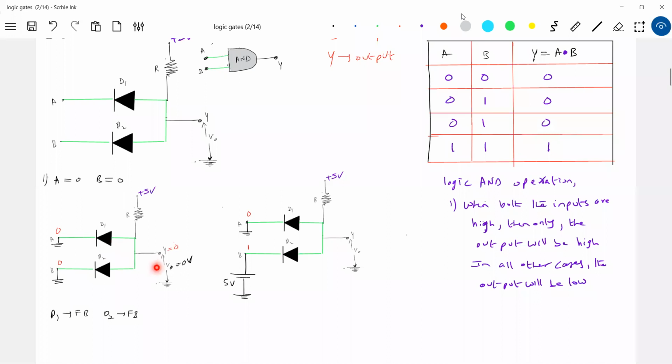Even 0.7 volt, we are going to take as logic 0 only, because I just made it 0.8. Some books even go up to 1.2. Okay, fine, no problem. Any value from 0 volt to 0.8 is said to be logic 0 only. So sir, how much will come? 0.8 will come here. Still 0.7 will come. So it is definitely logic 0 only.